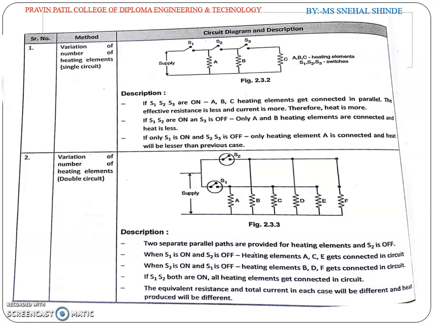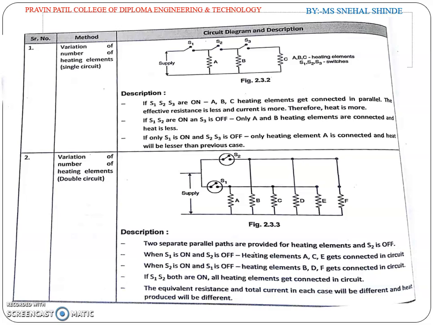Second is the variation of number of heating elements double circuit. In this, two separate parallel paths are provided for heating elements. When S1 is on and S2 is off, heating elements A, C, E get connected in the circuit.